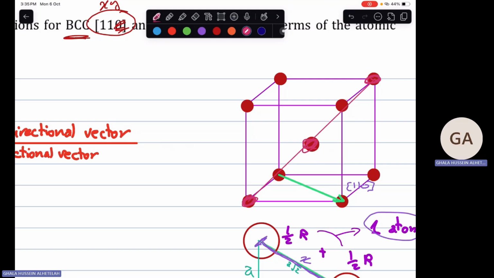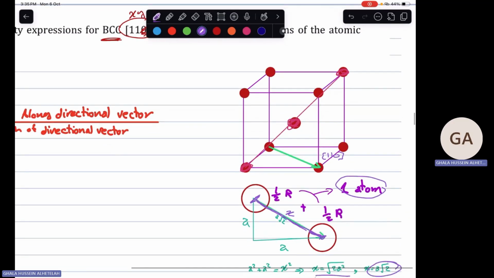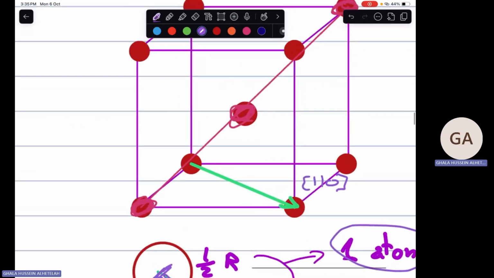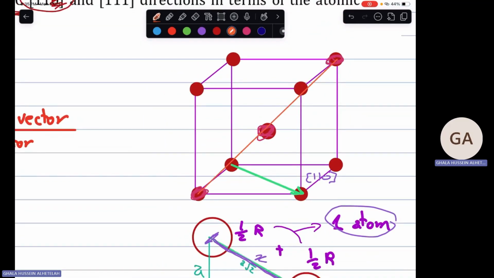By this we can get the relationship between a and r. So basically what we need to find is this triangle.